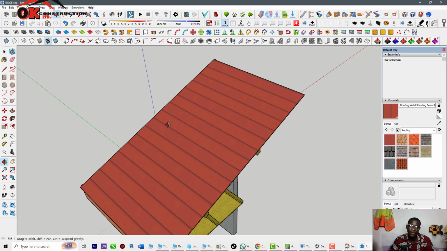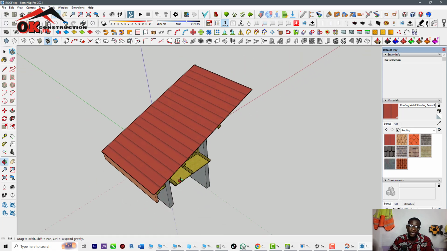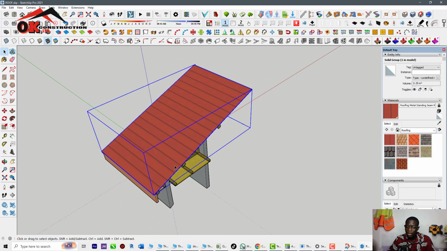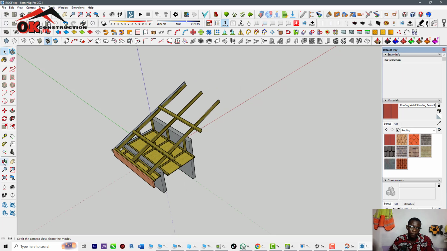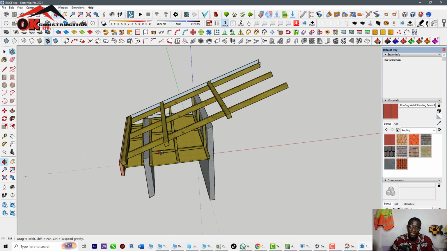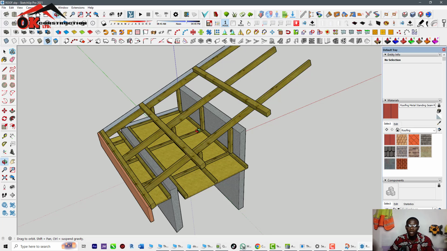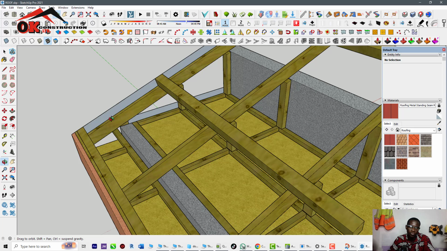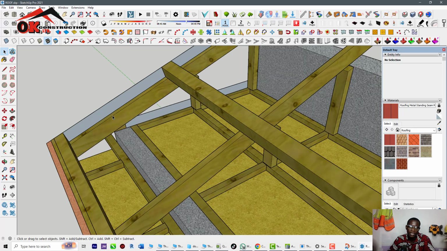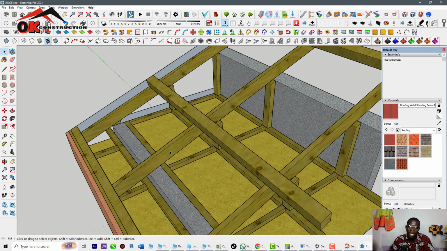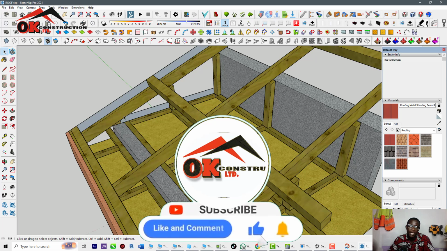Since you have a roofing, the roofing carcass, the roofing structure, we have the 2x6 in this particular one, then another 2x6, and then the distance between them.